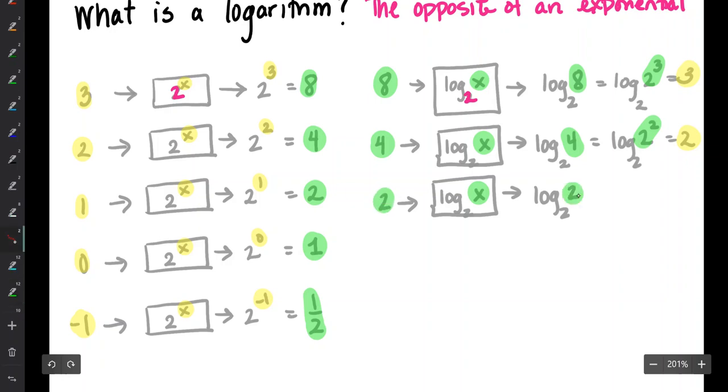Well, 2 is a perfect power of 2. 2 is 2 to the 1. Would you agree? 2 is 2 to the power of 1. Now, what does log base 2 do? It takes in a perfect power of 2. It eats up the base there. It eats up the 2, and it spits out the exponent. Spits out the 1.